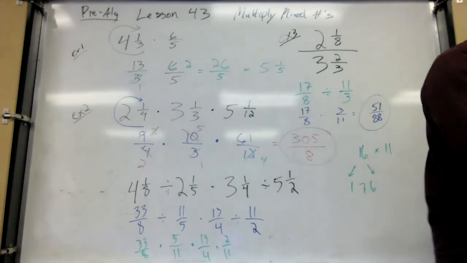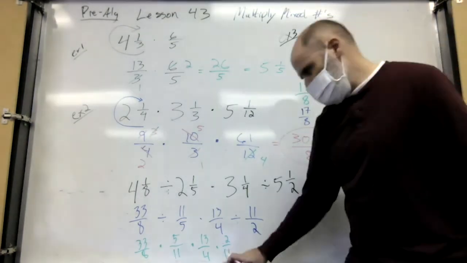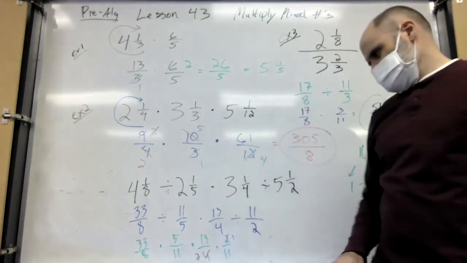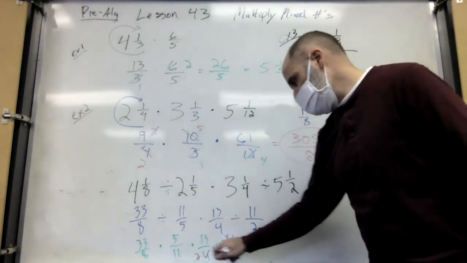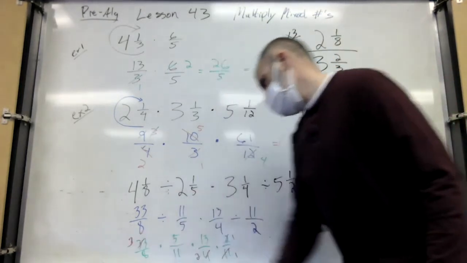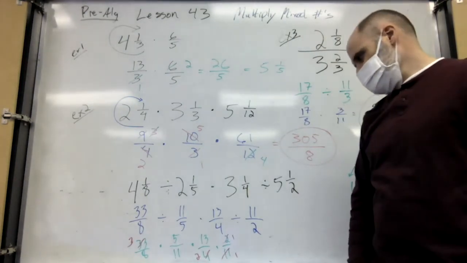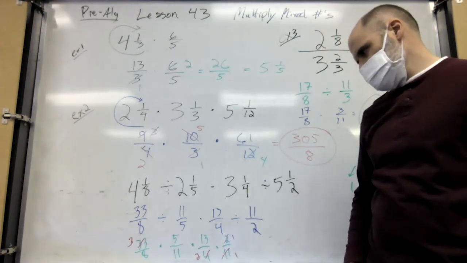Okay, and then I'm going to take out my red pen because hopefully we can cancel something. Looks like this 2 and the 4 can cancel, the 1 and 2. And look, 11 and 33 cancel. So 1 and 3. And then we end up with 15 times 13, right?